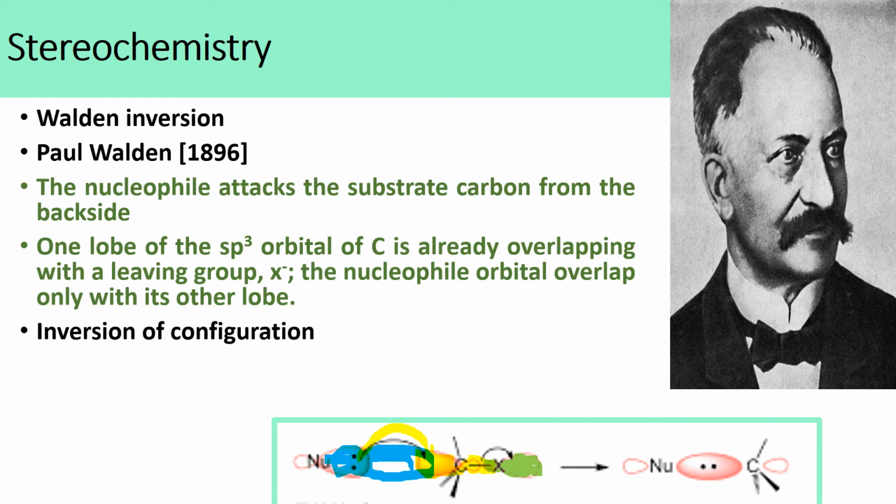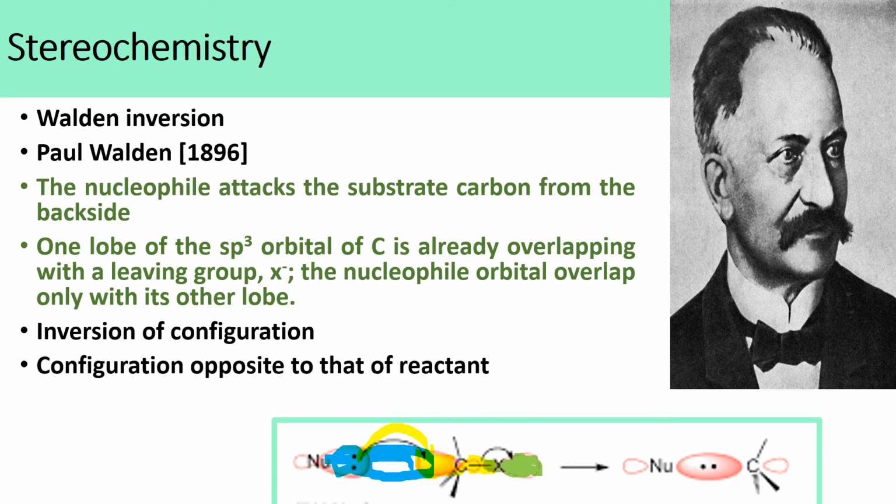So inversion of configuration occurs. Such inversion is known as Walden inversion. That means the configuration is opposite to that of the reactant. If the configuration of the molecule is R, after nucleophilic substitution takes place, the configuration changes to S. So it is S, which means that a stereochemical inversion takes place.